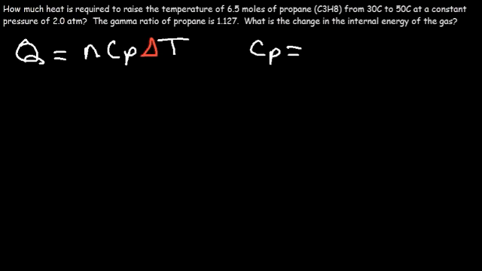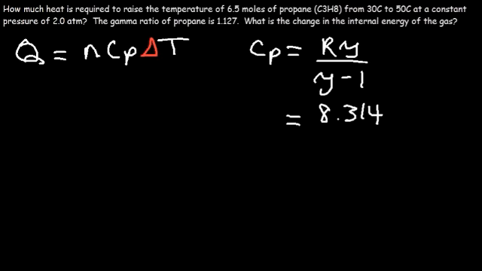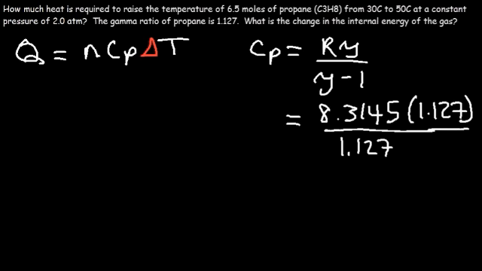And we can use the equation that we got in the last problem, which is R times gamma over gamma minus 1. So that's 8.3145 times 1.127 divided by 1.127 minus 1, which on the bottom is 0.127.